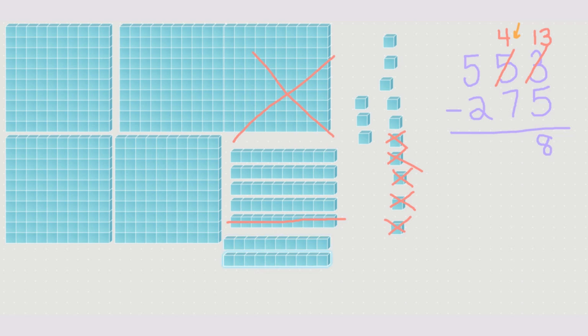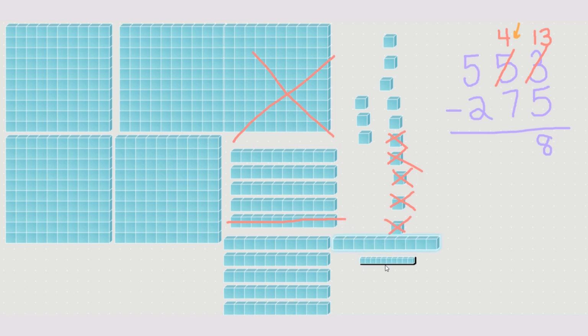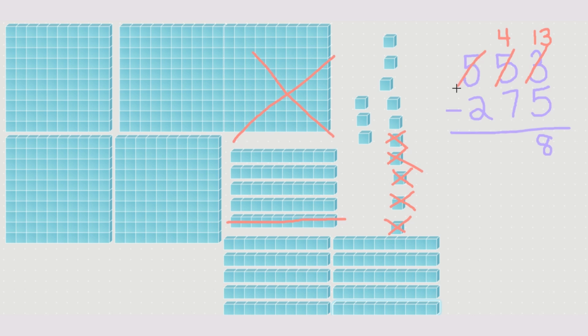1, 2, 3, 4, 5, 6, 7, 8, 9, 10. I made a trade. Anytime we trade, we have to show it in our equation. So I no longer have 5 hundreds flats.